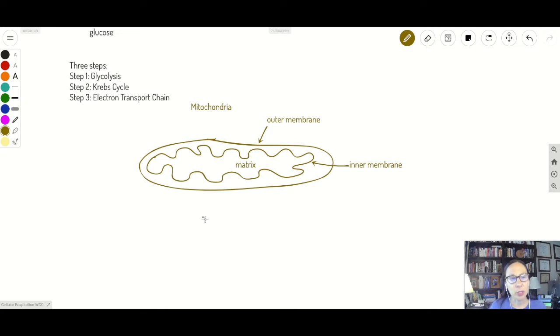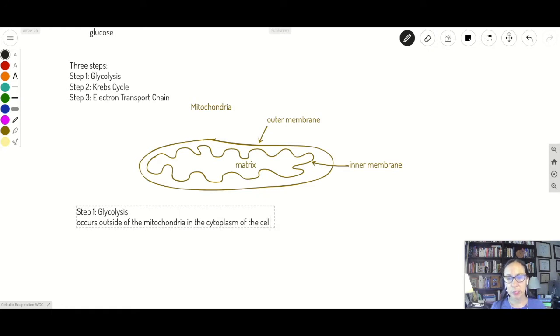We're going to go through all the steps, and these steps are happening in different parts of the mitochondria. Step one is glycolysis, and glycolysis happens outside of the mitochondria in the cytoplasm of the cell. So we're going to say step one is glycolysis, and this occurs outside of the mitochondria in the cytoplasm of the cell.